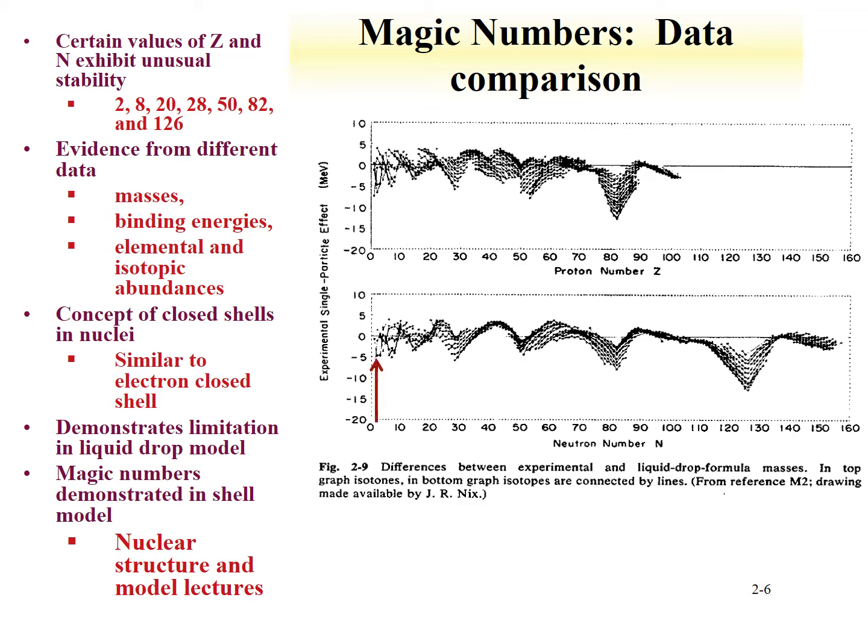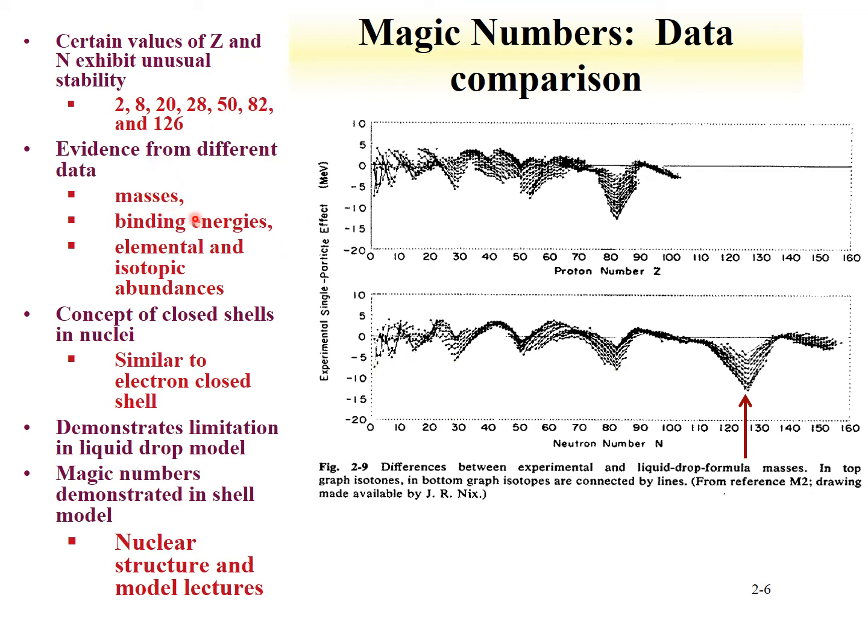We see that at 2, 8, 20, 28, 50, 82, and 126 for both the neutrons and the protons, we see these variations. And this is kind of evidence that there's some stability going on at these numbers.